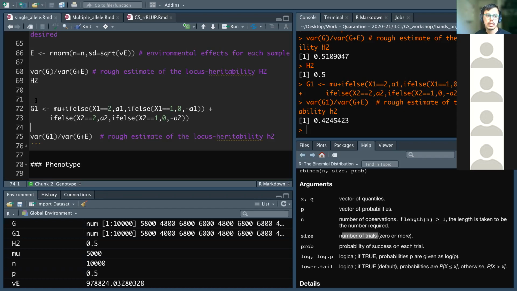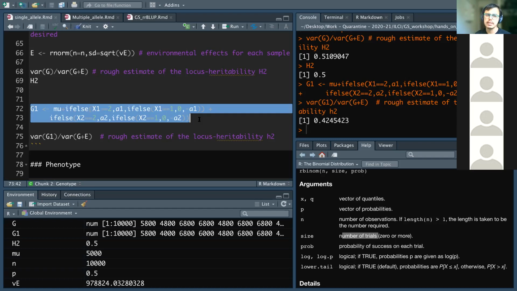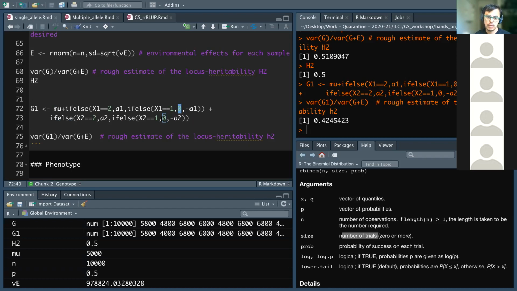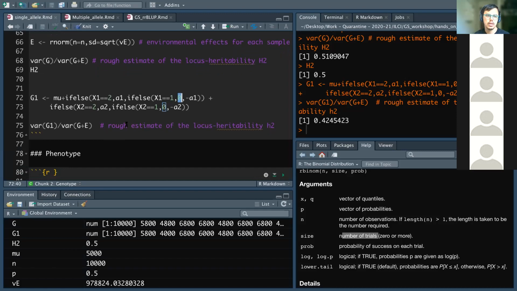So that is why here in this line I just take into account the additive effect, and the dominance deviation is equal to 0, because I'm just trying to estimate the additive variance that explains those loci in the population.